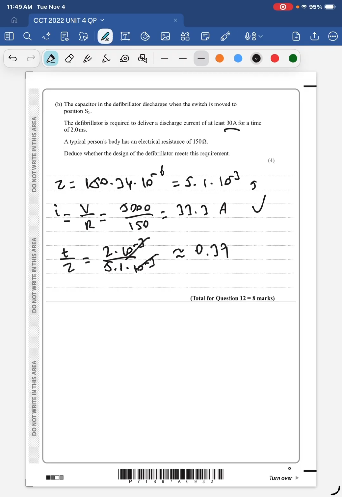What I'm trying to say is that since the time constant is 5 milliseconds, this means that in 5 milliseconds, the current will be 0.37 times 33.3 amps. So 33.3 times 0.37, the current will drop to 12.32 amps.